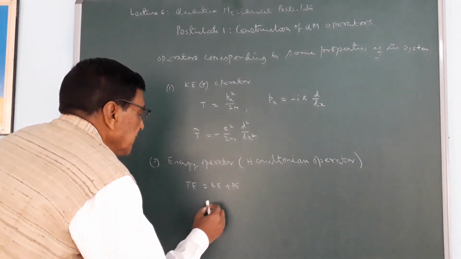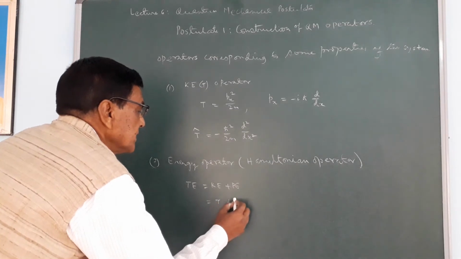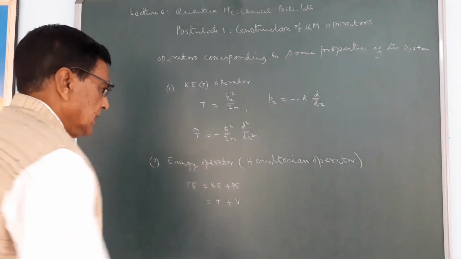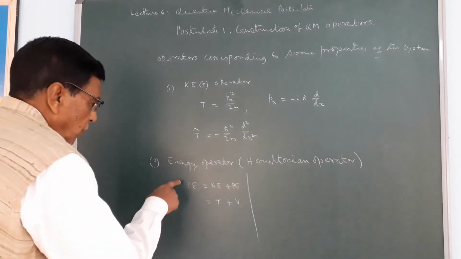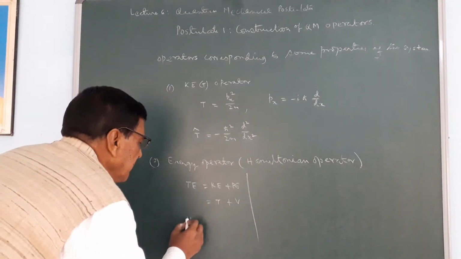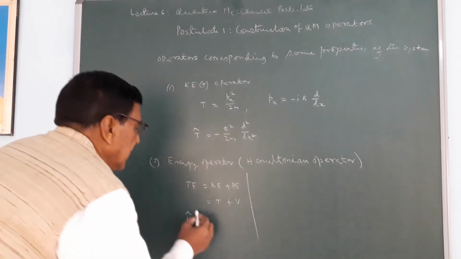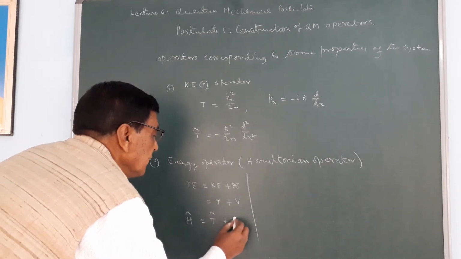So this is equal to T plus V. The operator for this total energy is the Hamiltonian operator, and this is equal to T cap plus V cap.